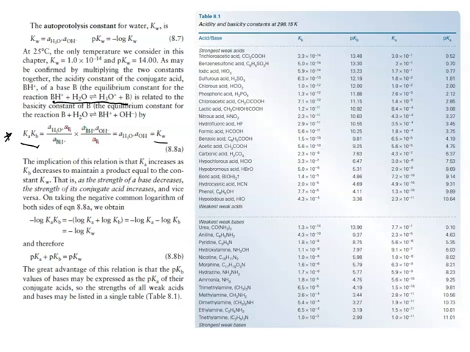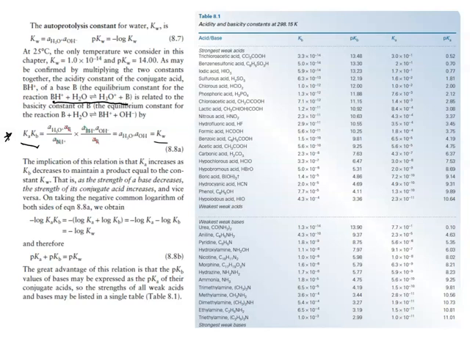If we have Kb, we have Kw, we can always calculate Ka. The implication of this relationship is that Ka increases as Kb decreases to maintain a product equal to the constant Kw. That is, as the strength of a base decreases, the strength of its conjugate acid increases, and vice versa.